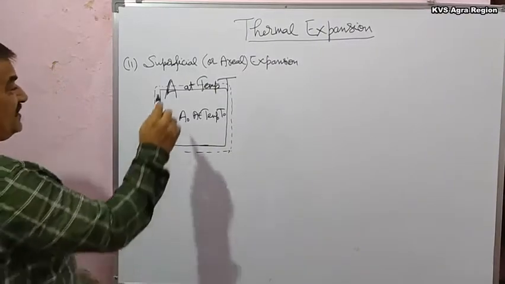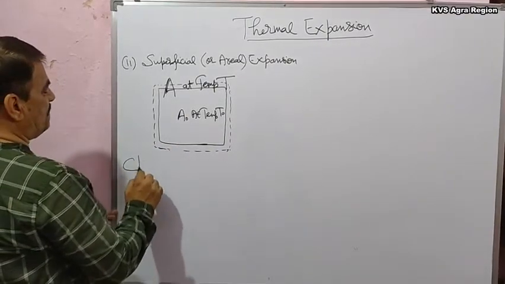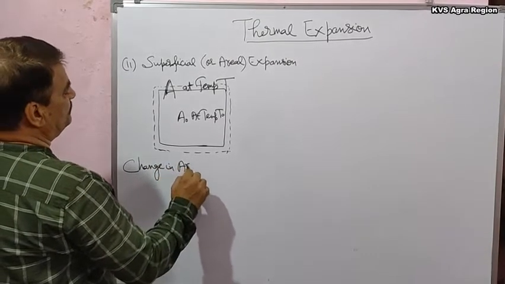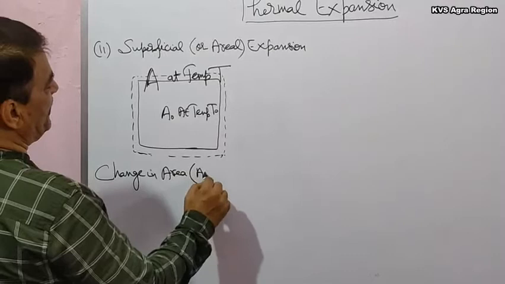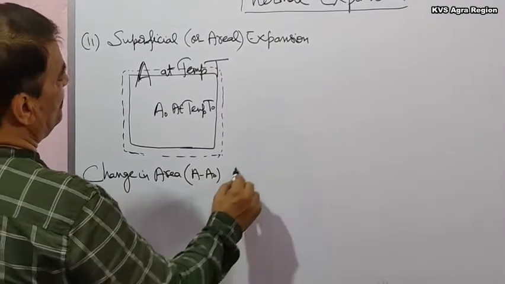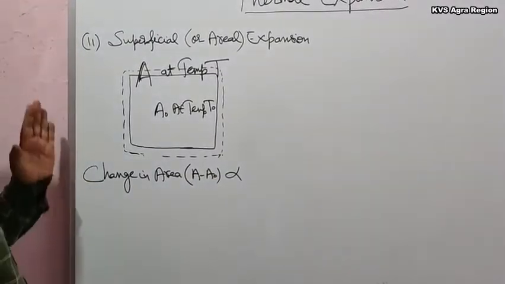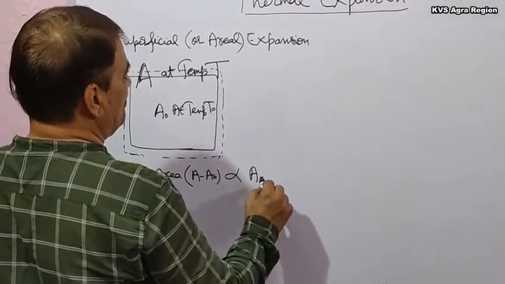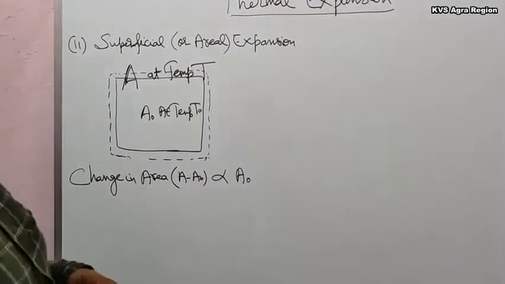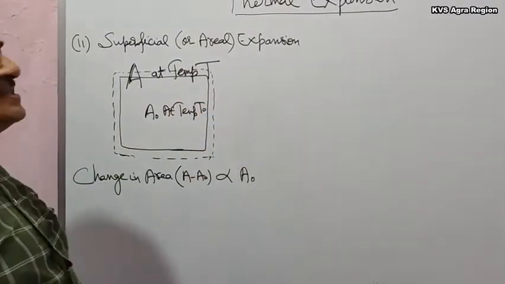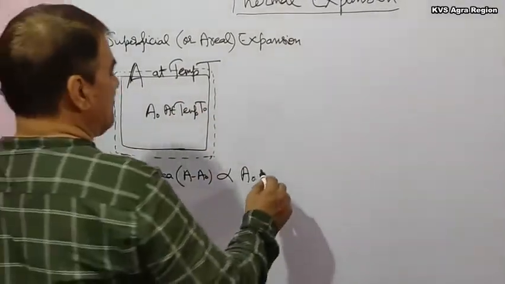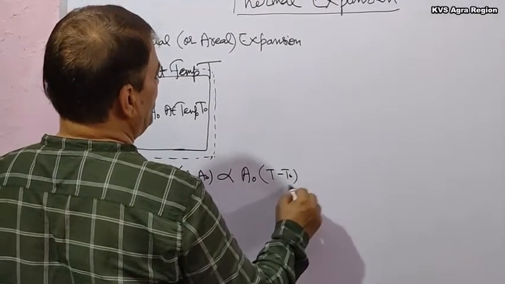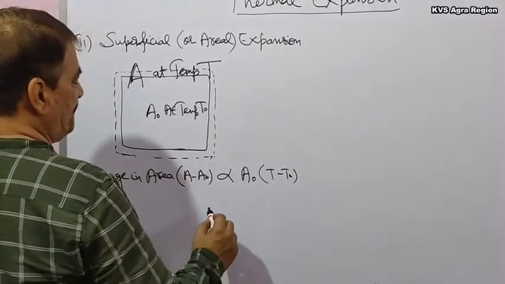So the change in area, A minus A0, of this sheet will be directly proportional to the initial area. The greater the initial area, the greater will be the expansion in the sheet. It will also be proportional to the temperature difference T minus T0.